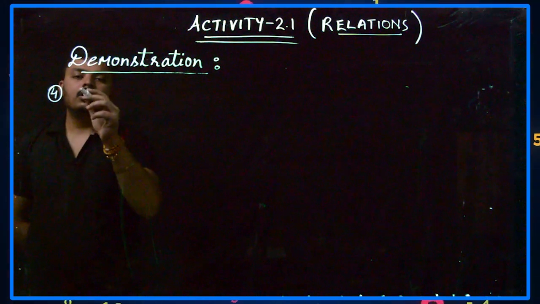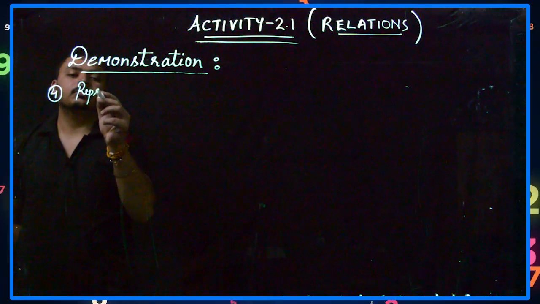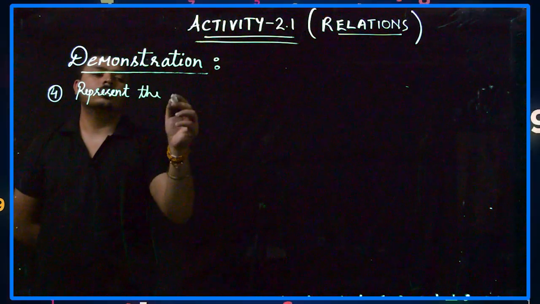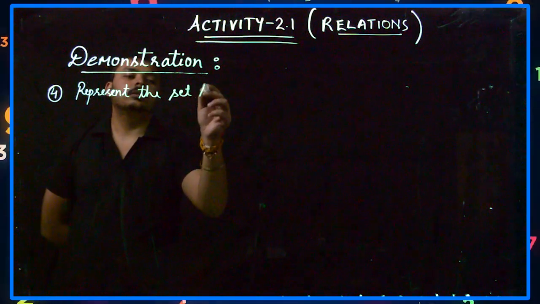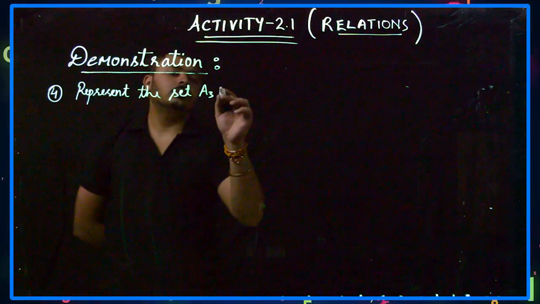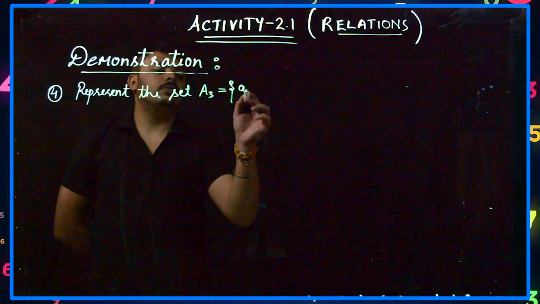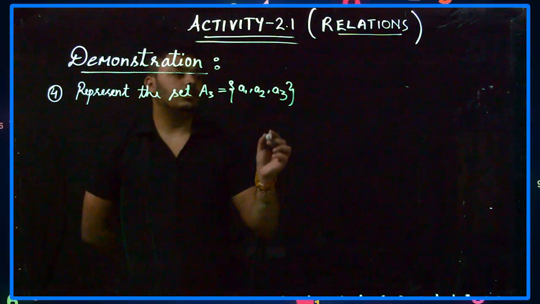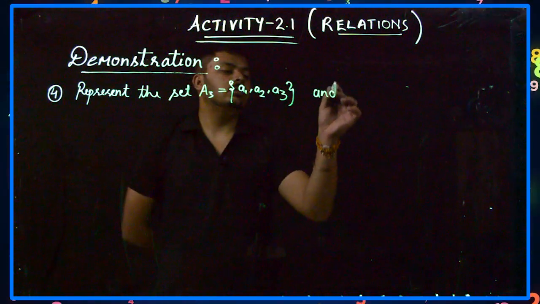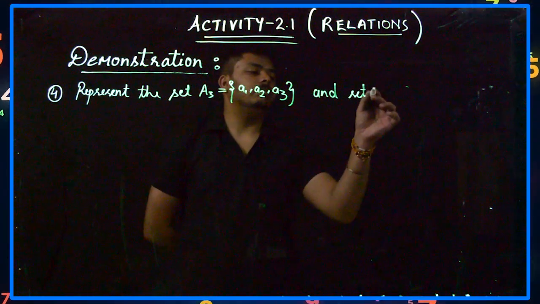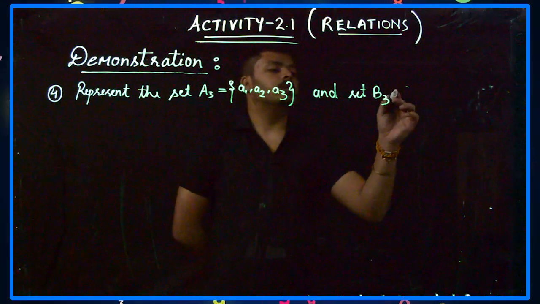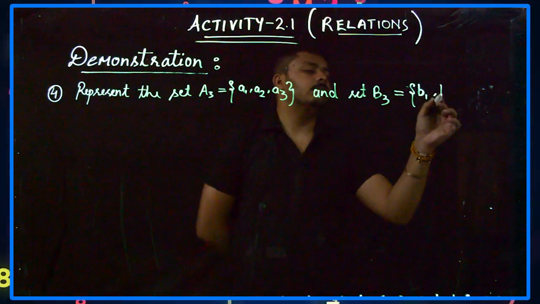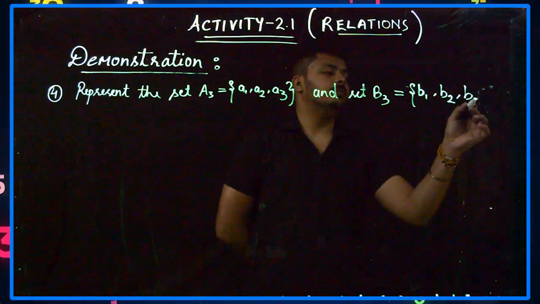Now step 4. Represent the set A3 equals A1, A2, A3 and set B3 equals B1, B2, B3.